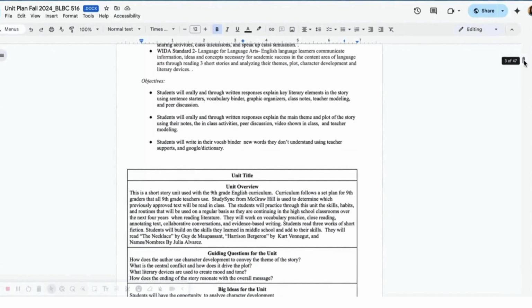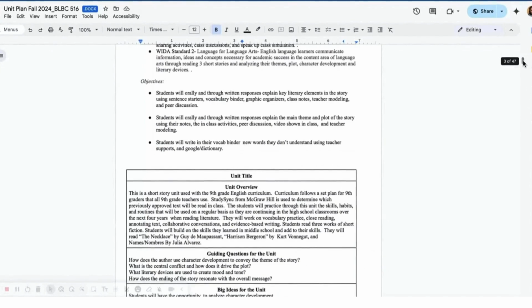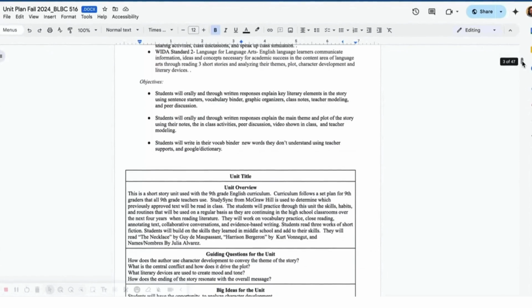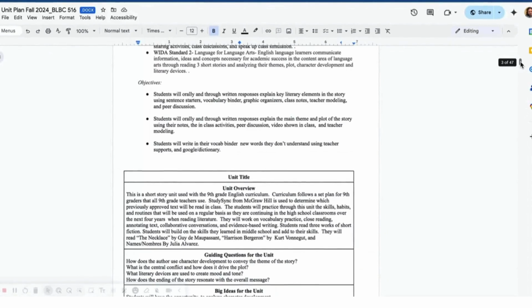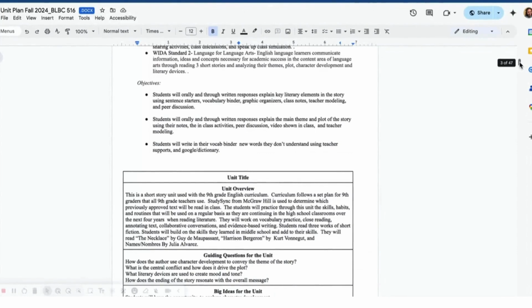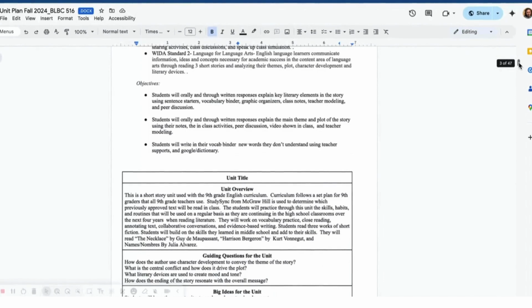So the overview for this unit is it is a short story unit that my ninth grade curriculum did require of my students. The curriculum follows a set plan for ninth graders that all ninth grade teachers use, and it's off of StudySync from McGraw-Hill. There were 2 short stories that the other classes were using, which is The Necklace and Harrison Bergeron.